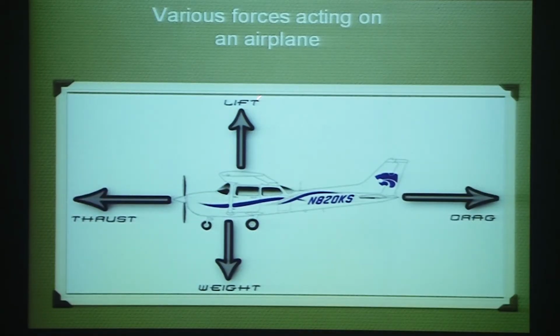The most fundamental is this diagram. This is the aeroplane, and the thrust is generated by a propeller or a turbojet, and this propeller pushes the air backwards, and by Newton's law, the rate of change of momentum is the force.